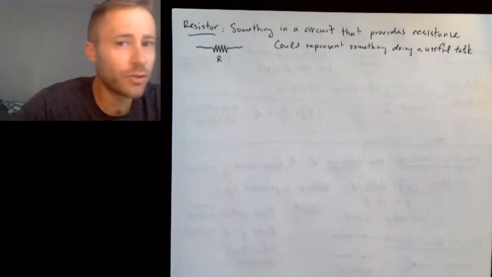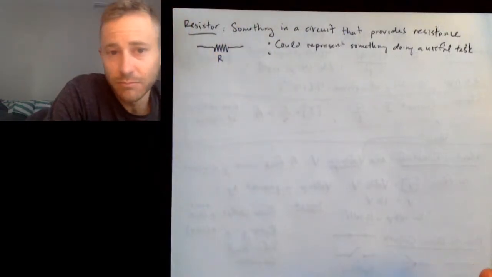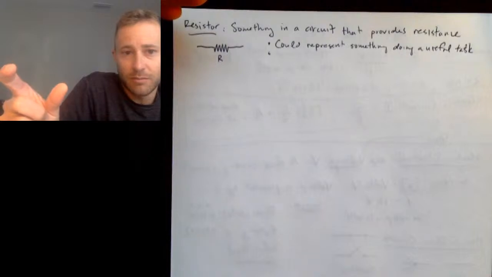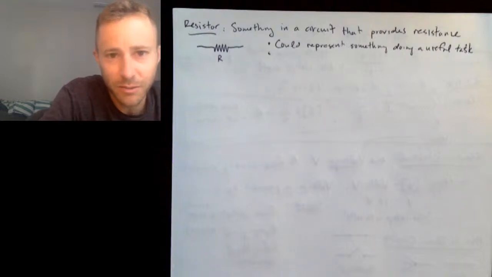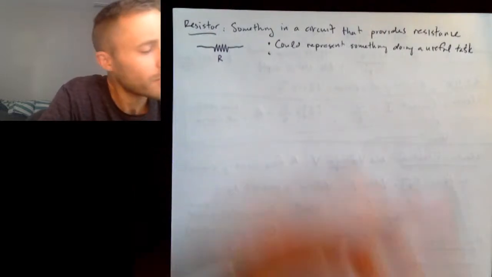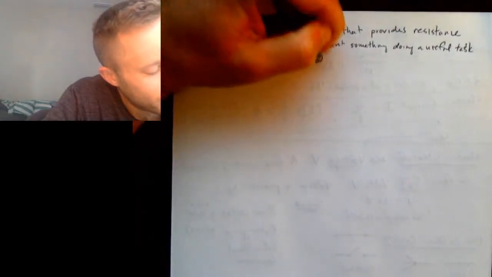But we also have resistors that don't do anything. We just put them into the circuit, and they don't light up, they don't lift things, they don't do anything really. So there are also resistors that do nothing except control the amount of current flow.